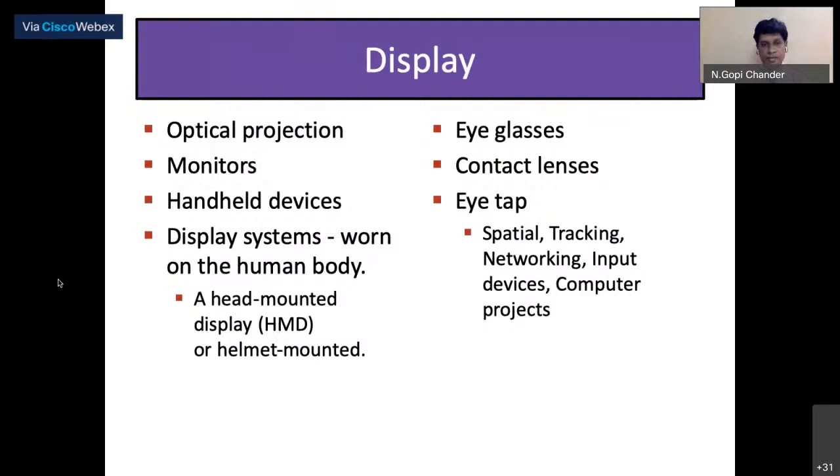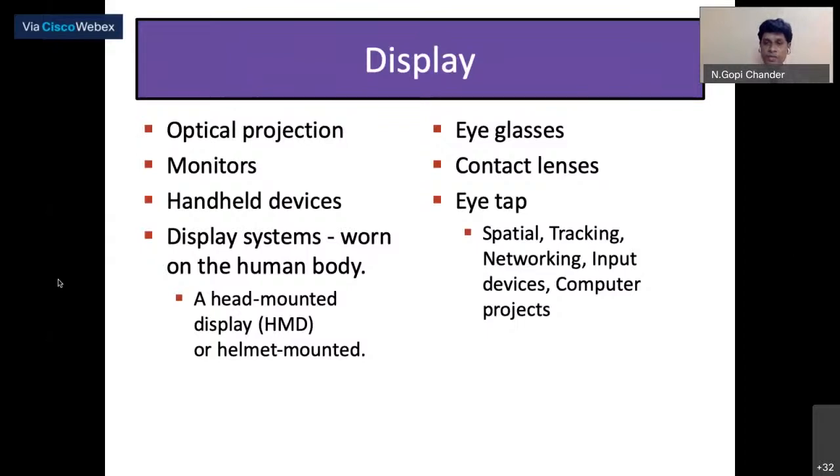Displays can vary, from a simple screen to more complicated technologies. It can be optical projections or the conventional monitors seen in your laptops and desktops, or handheld devices like your mobile phones or tabs. Displays can also be worn by the human body, such as head-mounted displays, which are commonly used for playing games like tennis and basketball.